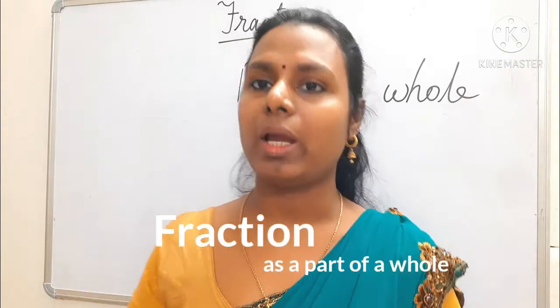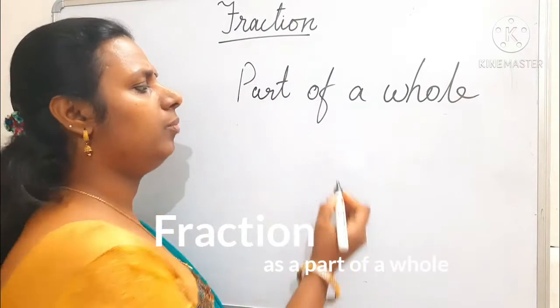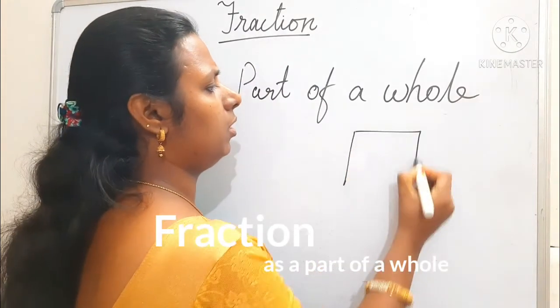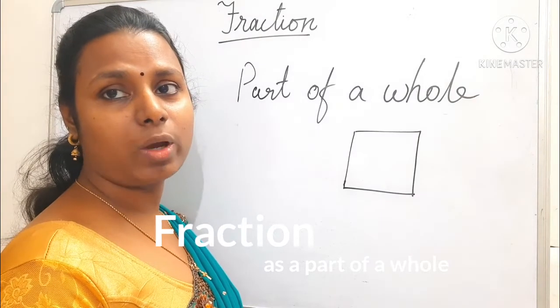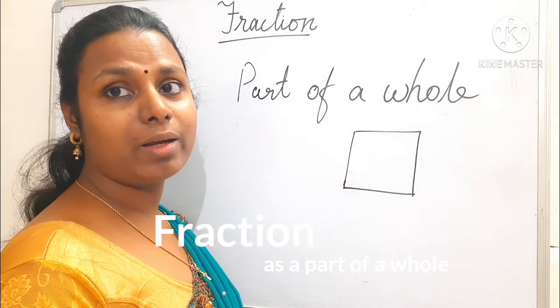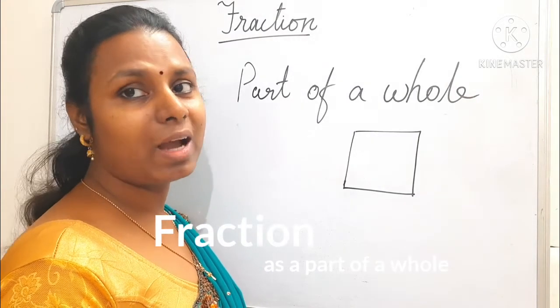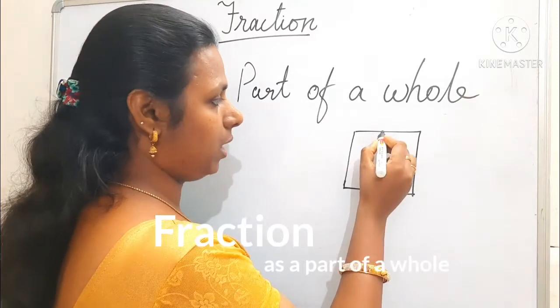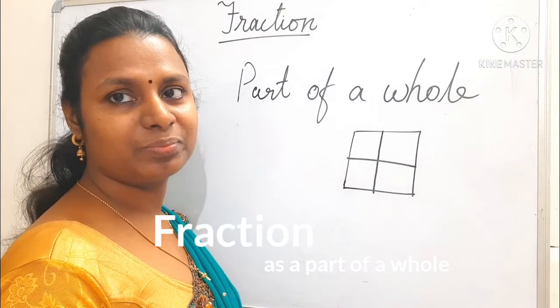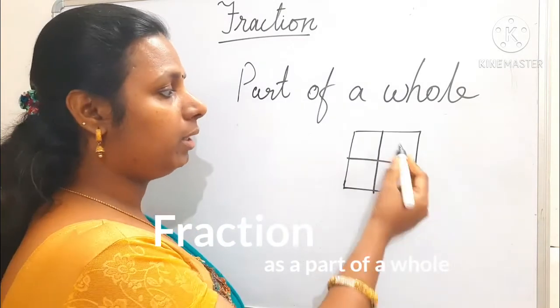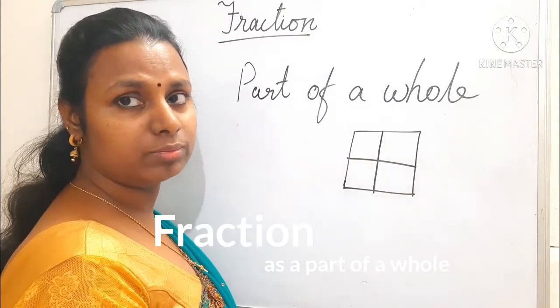When you write the fraction, for example, let us take 1 square. I am going to divide into 4 parts. Okay? I have divided into 4 parts. How many parts are there now? 4.